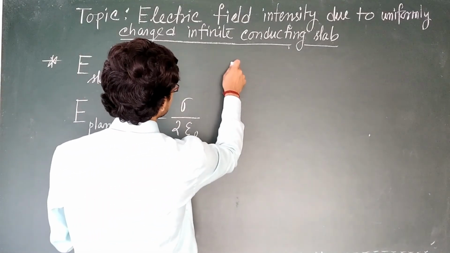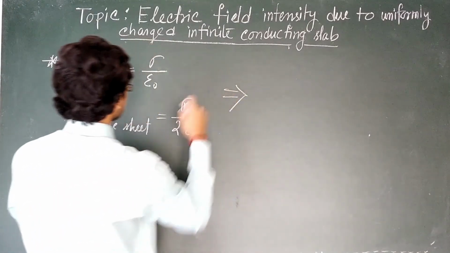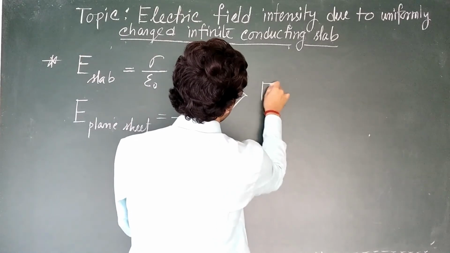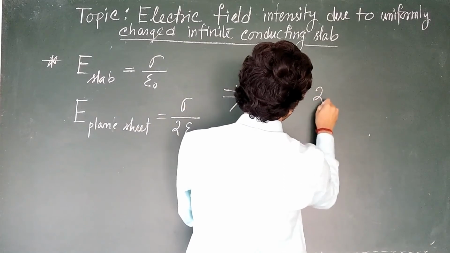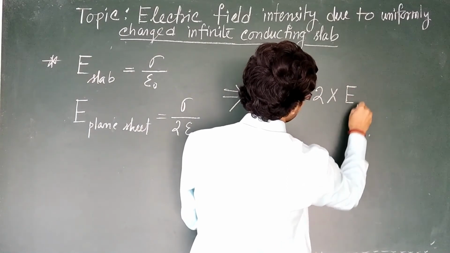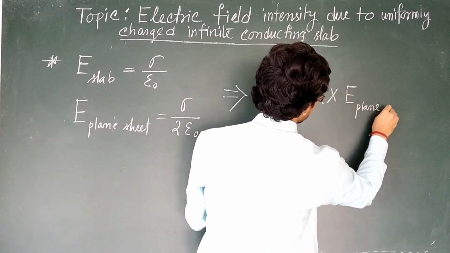The relation will be E slab equal to 2 into E plane sheet.